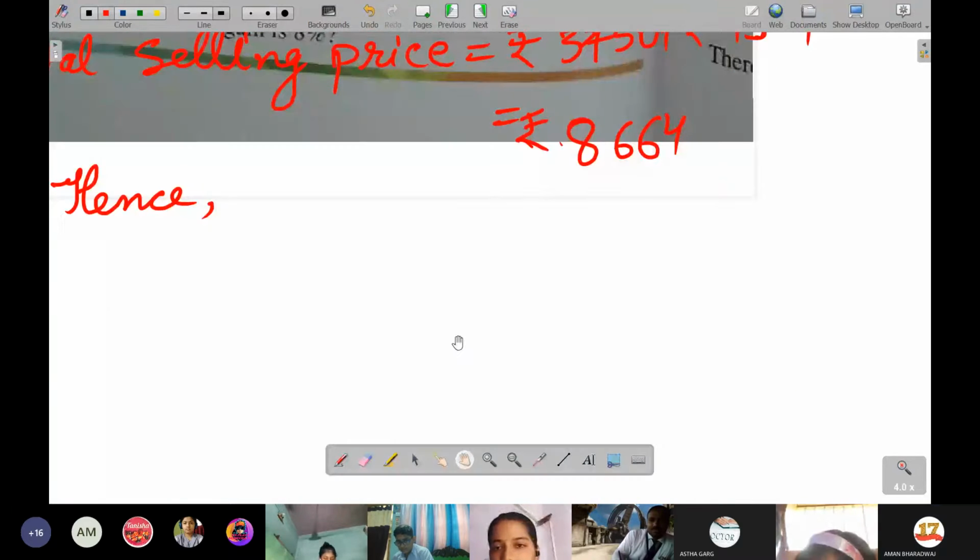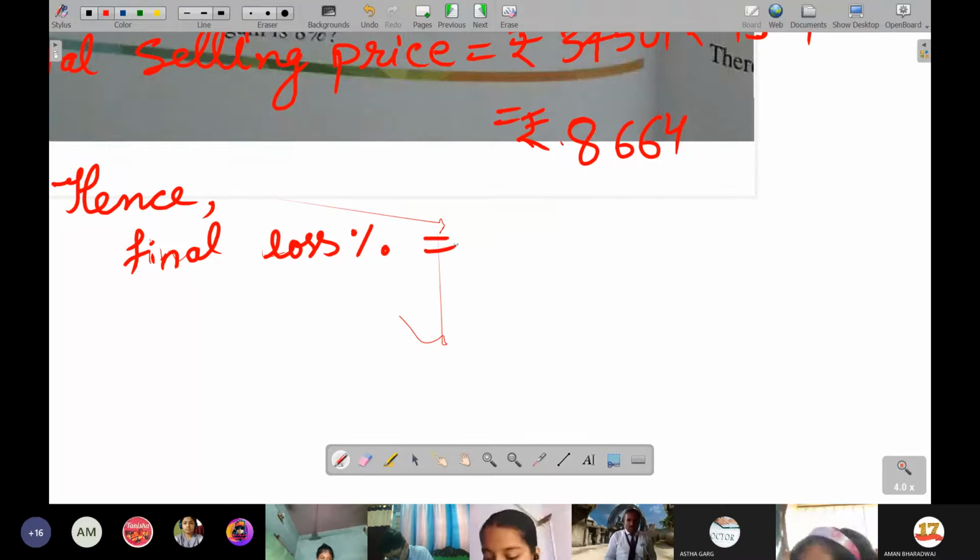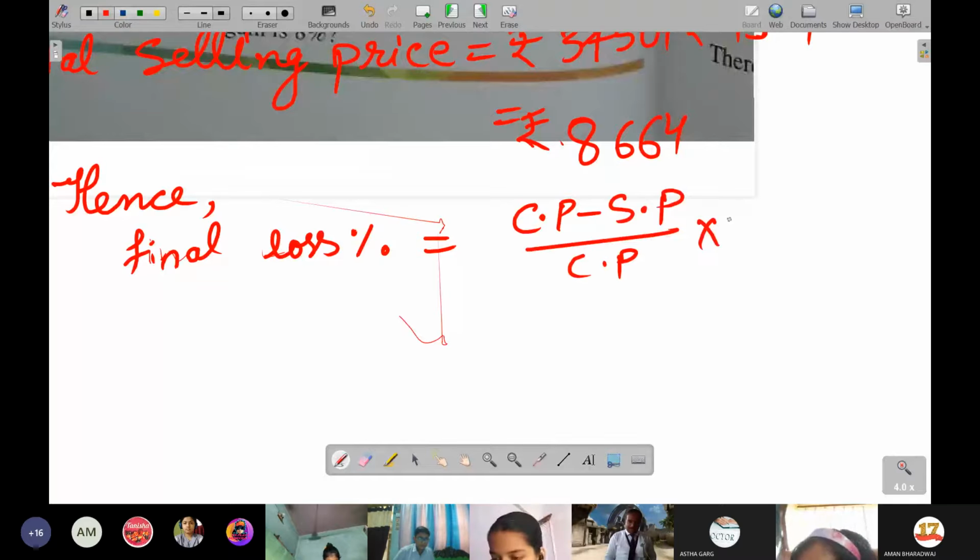So hence, final loss percent is equal to, because here it is loss, loss means CP minus SP, by CP into 100%.